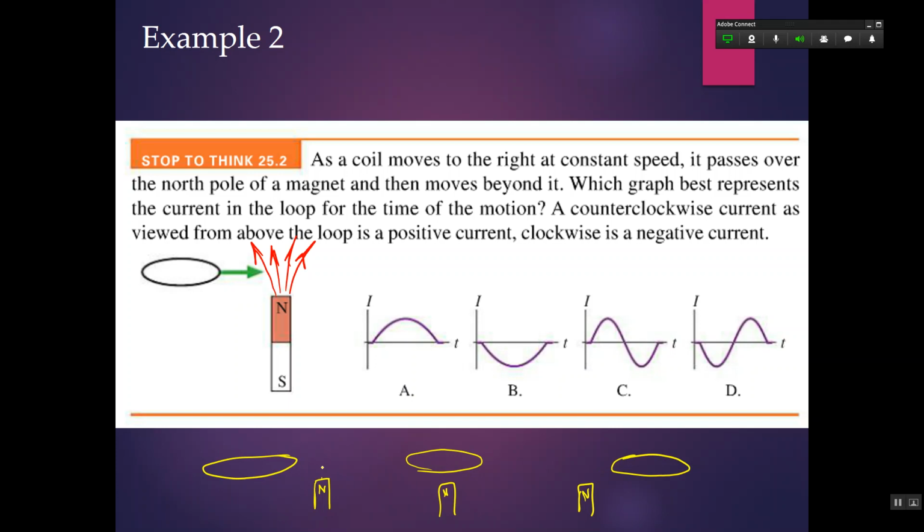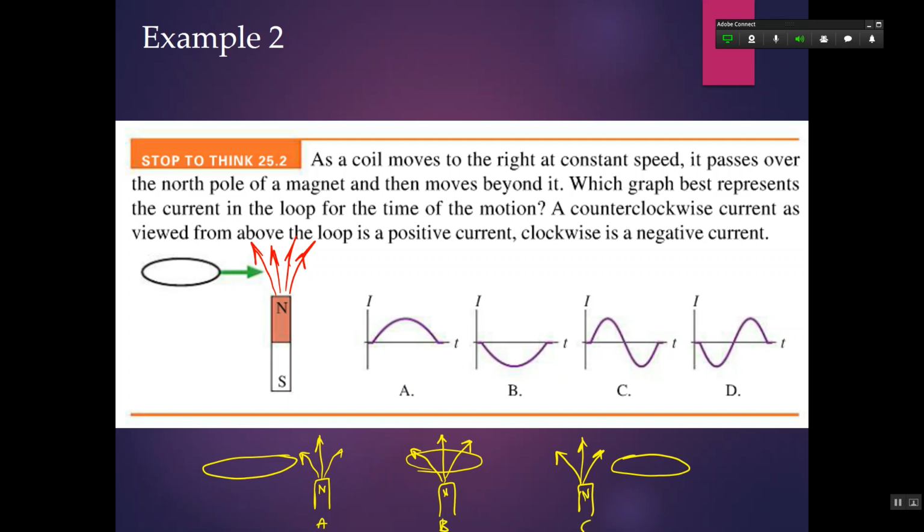So as the ring approaches the magnet, as it goes from point A to point B, is the magnetic flux increasing or decreasing? It's increasing, all right? If it's increasing, and it's increasing in which direction?